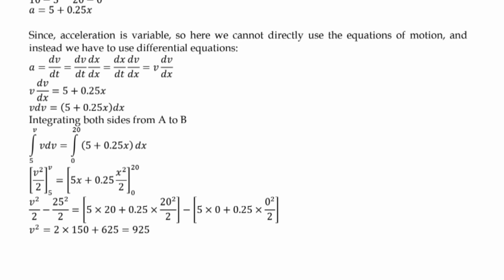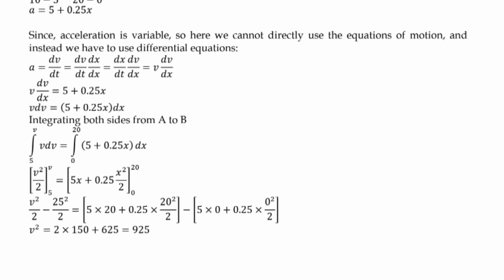Once we have got the equation of acceleration connected with the distance, we now use the differential equation of acceleration. We know acceleration is rate of change of velocity with respect to time. So acceleration a can be written as dv by dt. Now we multiply dx by dx with this dv by dt and rearrange it in such a way that dx by dt is multiplied with dv by dx.